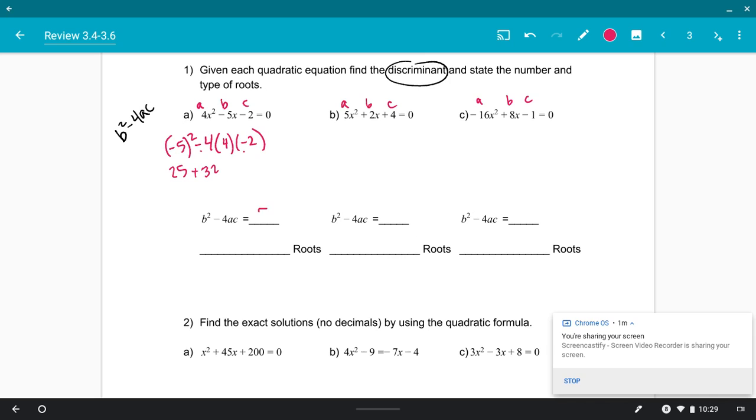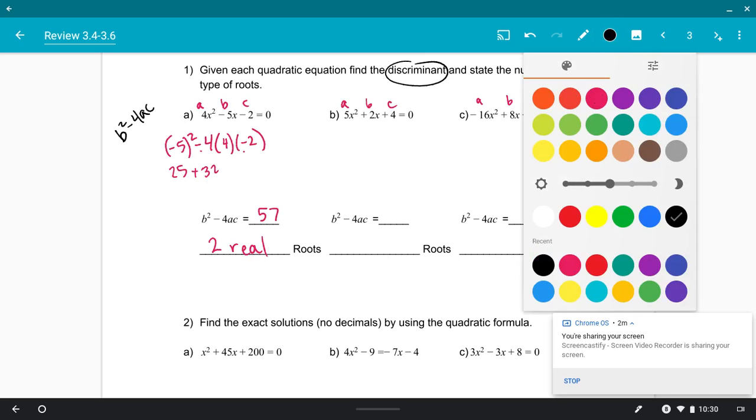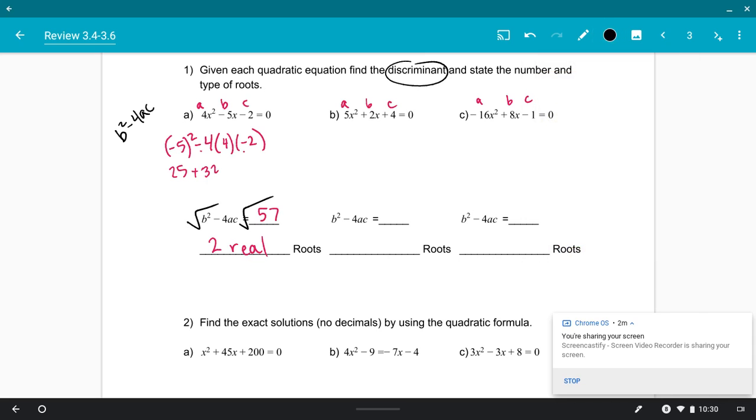So that's 57. Because it's positive, there's going to be two real roots. But if you square root the 57, it's going to come out as trash. That's going to make it irrational. So basically, if it comes out as garbage, really messy, it's irrational.